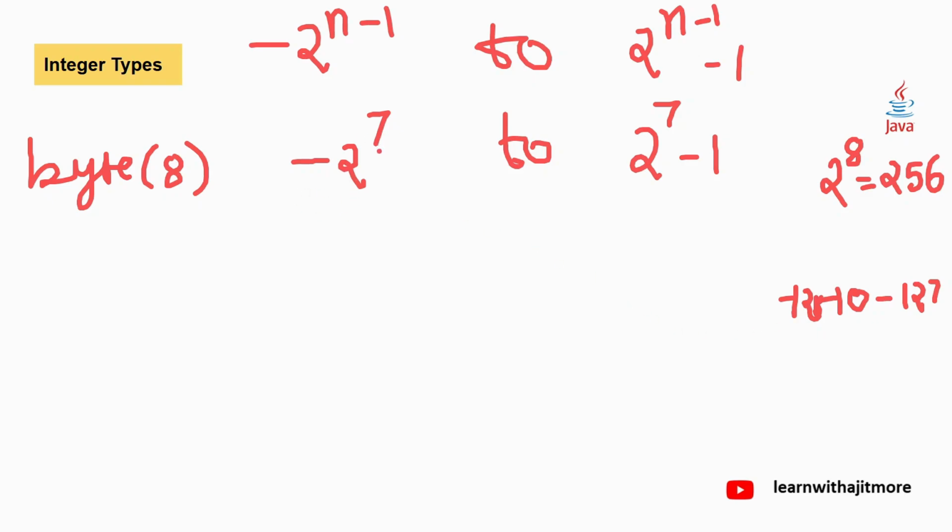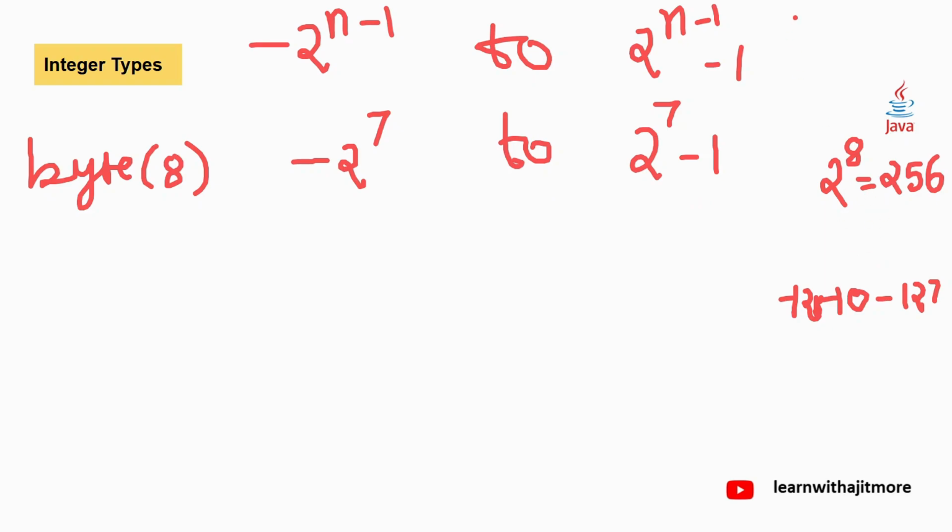And you can check here. 2 raised to 7 is 128, so minus 128. And 2 raised to 7 is 128 minus 1, 127. So minus 128 to plus 127. Total 256 only. 128 negative, 128 positive. Getting?